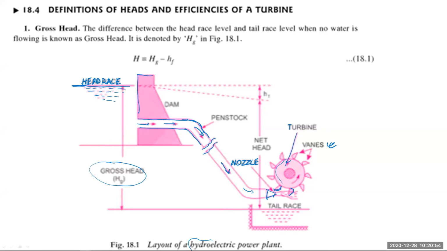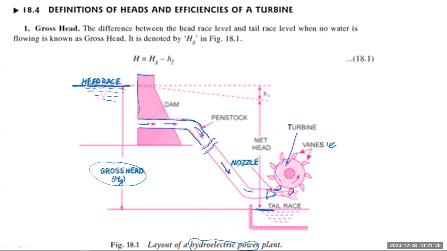So this is the general layout of your hydroelectric power plant. Now what are the terminologies you can see here? Here you can see HG. This is your gross head. As you can see, it starts from the head race at the top, and at the bottom the water comes back to the sump.